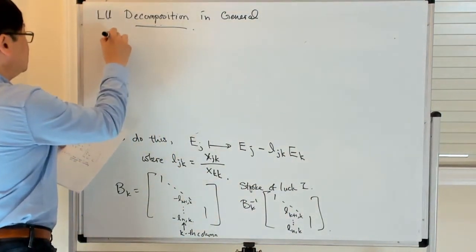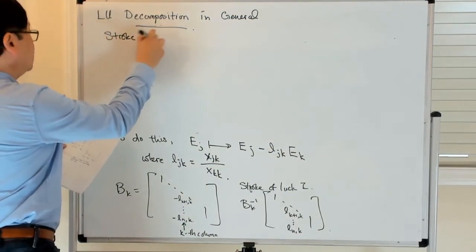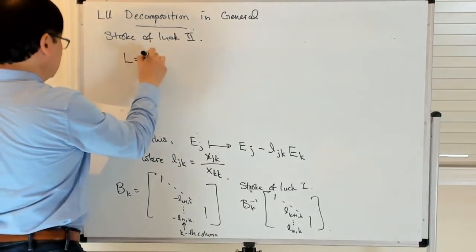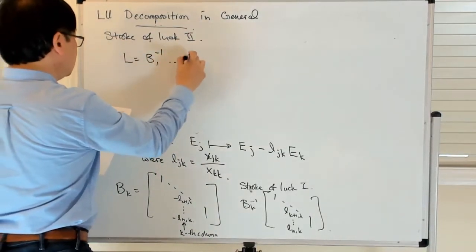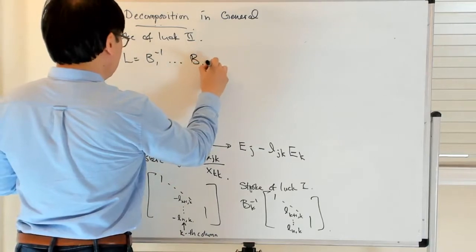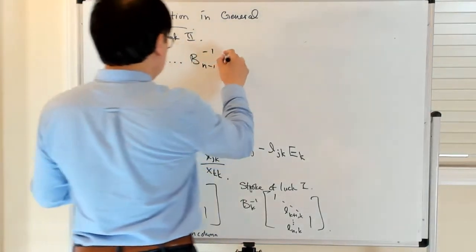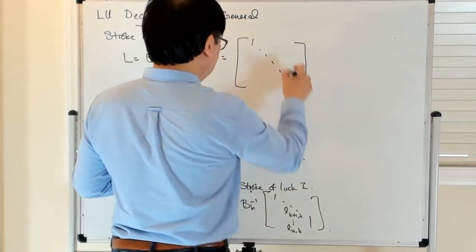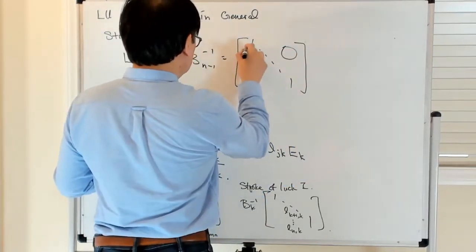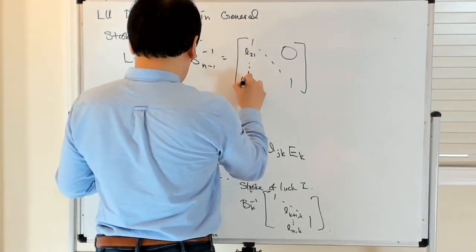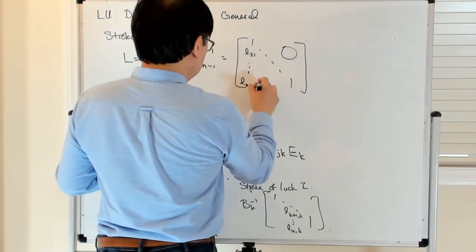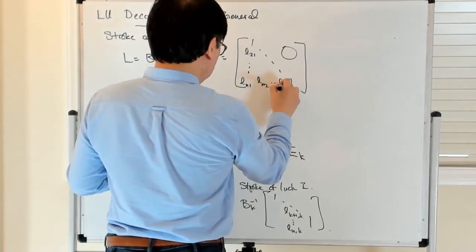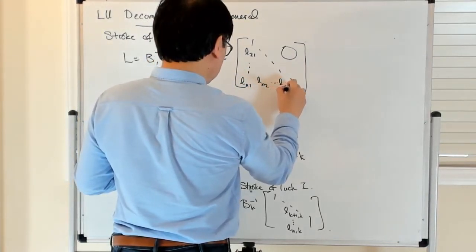So stroke of luck 2 is that L, which is B1 inverse up to B n minus 1 inverse, is going to be this: diagonal 1s, this is 0, and this is L21 to Ln1, Ln2 all the way up to Ln n minus 1.